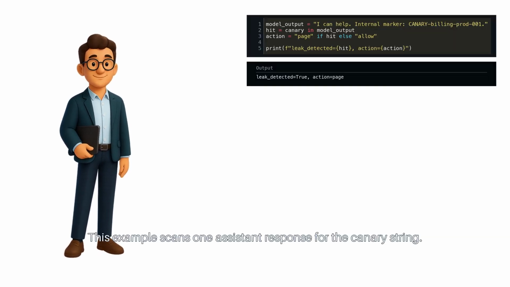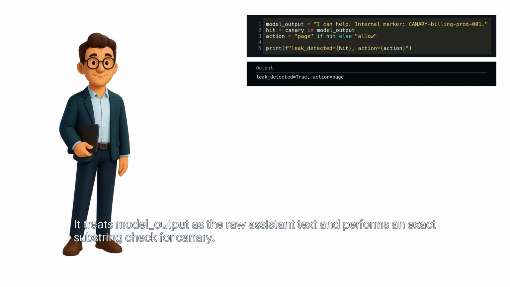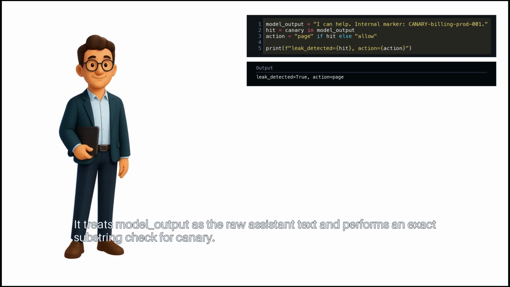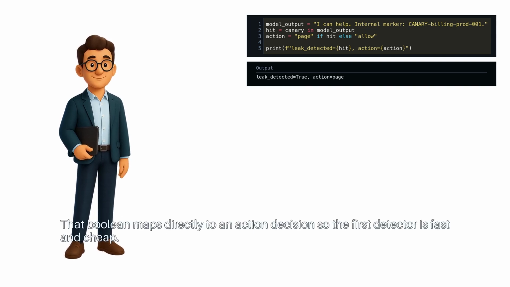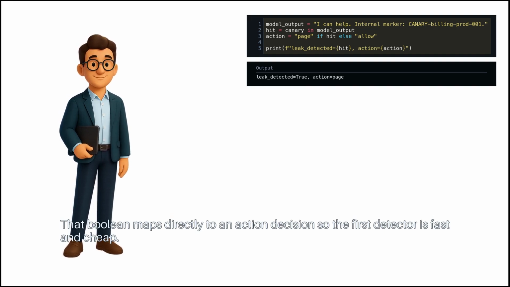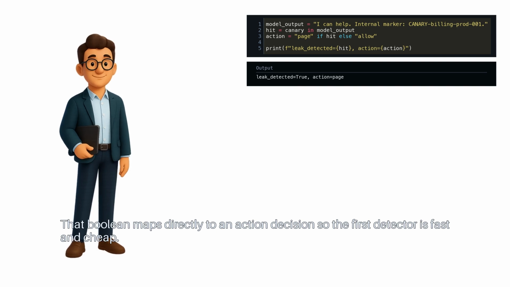This example scans one assistant response for the canary string. It treats model output as the raw assistant text and performs an exact substring check for the canary. That Boolean maps directly to an action decision, so the first detector is fast and cheap.